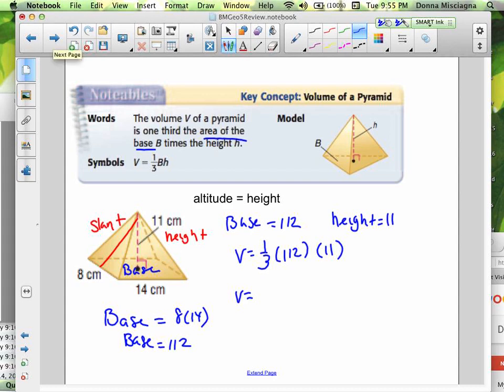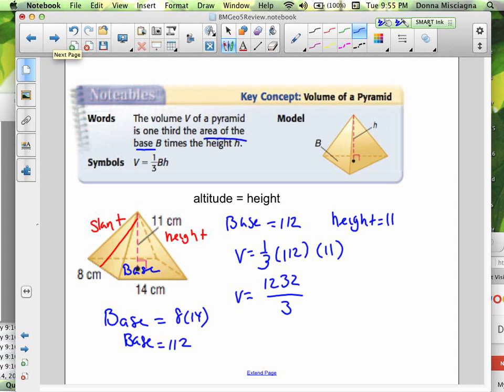Right, so we have 112 times 11, which is 1,232, all over 3.